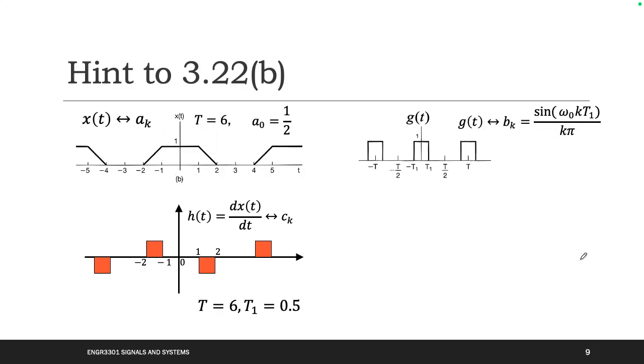Am I right? But if you want to get the h(t), you need to use g(t) to represent that h(t). Here we know T equals 6, and T1 is 0.5, because the total is 1, so the half is 0.5.